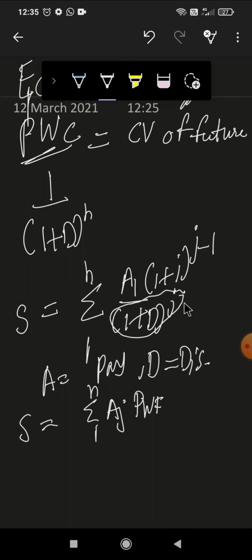And if i is equal to d, that is, interest and discount are the same, then the sum will be a1 into (1 plus i) raised to j minus 1 upon (1 plus i) raised to j, so it will be a1 into n upon (1 plus i).